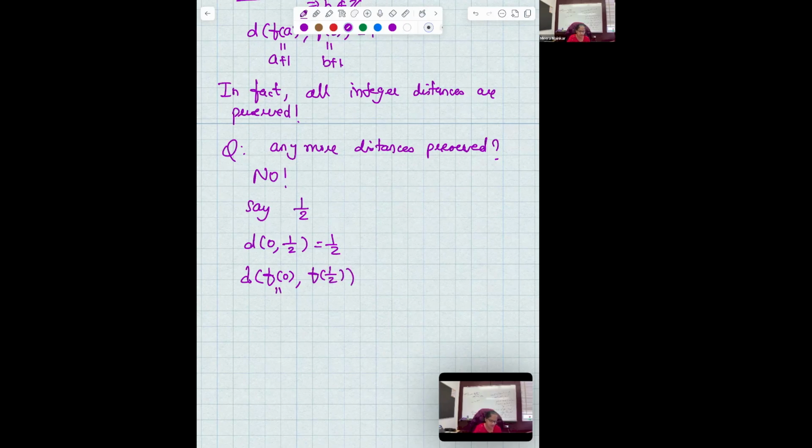This is equal to 0 by definition of f, but this is equal to 3/2, because you add 1 since 1/2 is not an integer, and hence this is 3/2, and that is not equal to 1/2. So the distance 1/2 is not preserved. In fact, no other distances are preserved. Only integer distances are preserved.